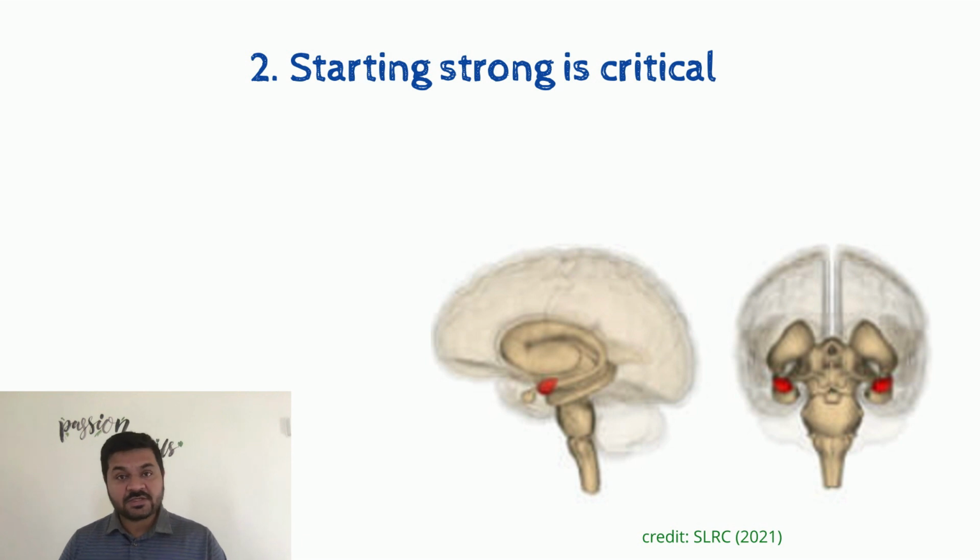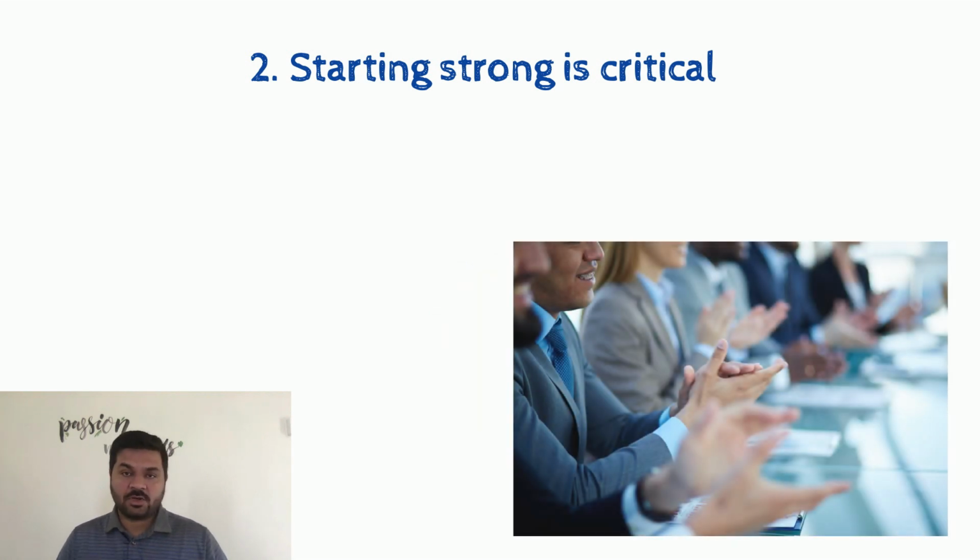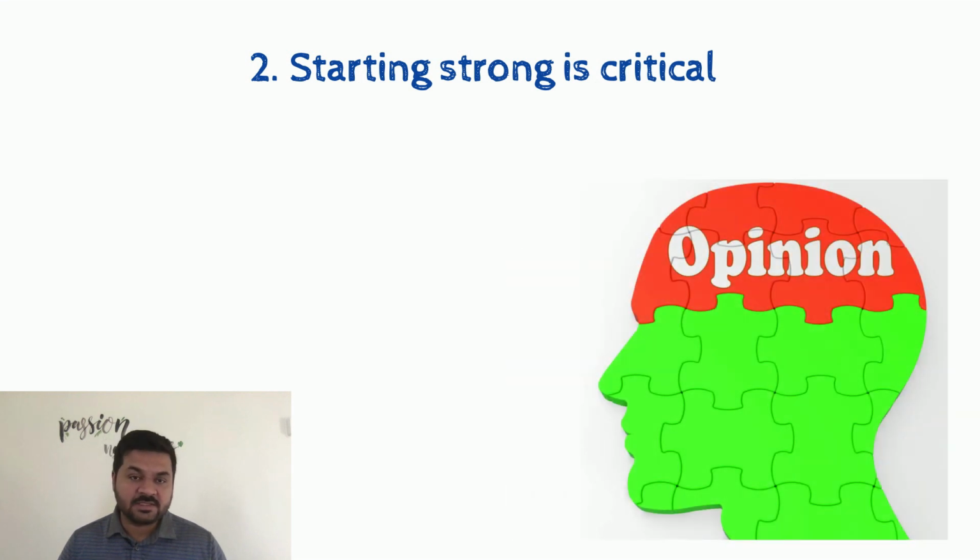Now, once that first impression is formed, the amygdala activity decreases and stays low for the rest of that lesson or that presentation. It is therefore essential to start strong. Why? Because scientific research suggests that we are wired to form early opinions and then seek more information in ways to support our first opinion.